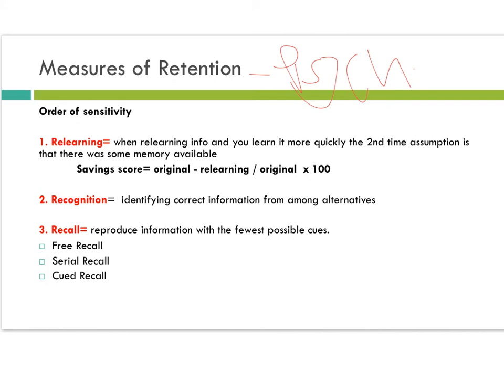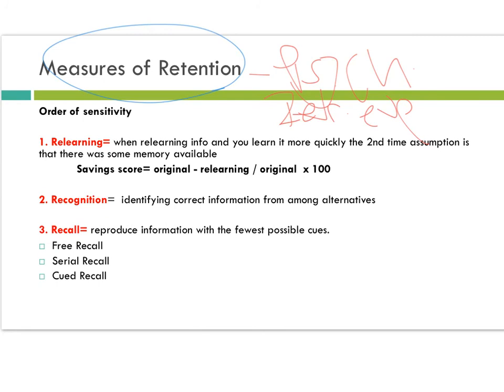So one of the reasons why we find it difficult to retrieve information is based on the measure of retention that we use for retrieval. Pretty much, research findings indicate that whether or not information is retrieved from memory and the amount of information that is retrieved depends on the type of retrieval method used.